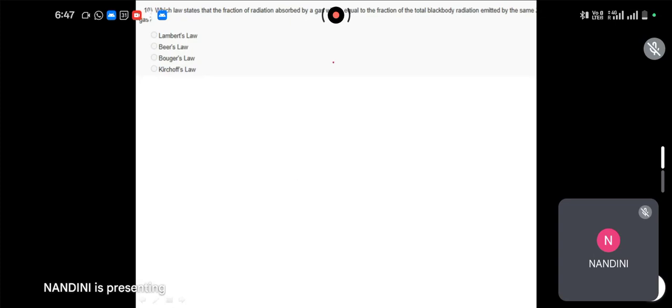So in a black body, we basically consider that the emissivity, which is given by E, and the absorptivity, let it be alpha, are equal. So the amount of radiation that is being absorbed by a gas will be emitted by the gas as well. So this is basically given by Kirchhoff's law.